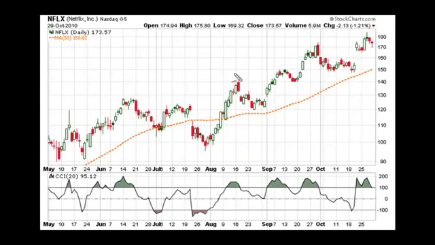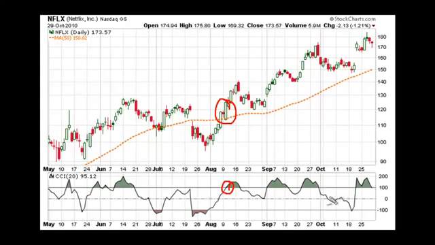Now here's another example of a security with strong momentum. This is Netflix, symbol NFLX. Now over here a buy signal is generated because the CCI has moved above 100. And the stock is breaking out here. And you would hold the stock until CCI crosses below 0.